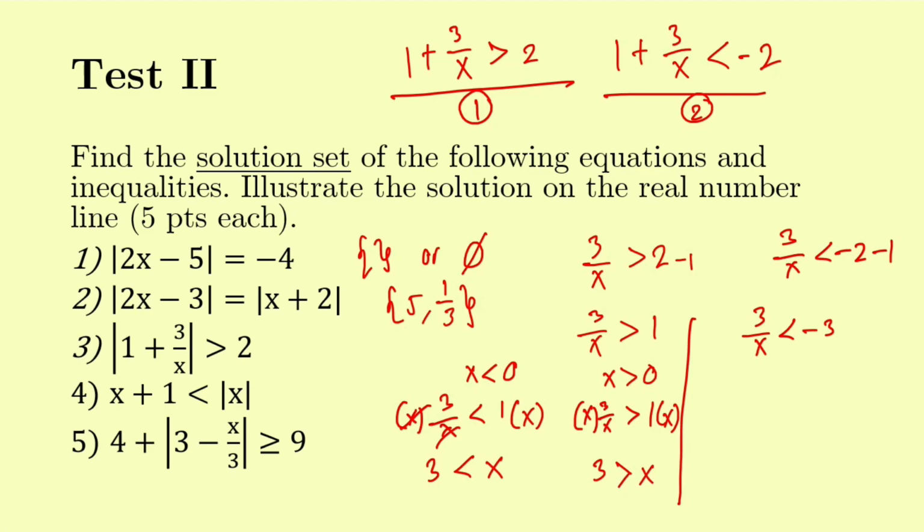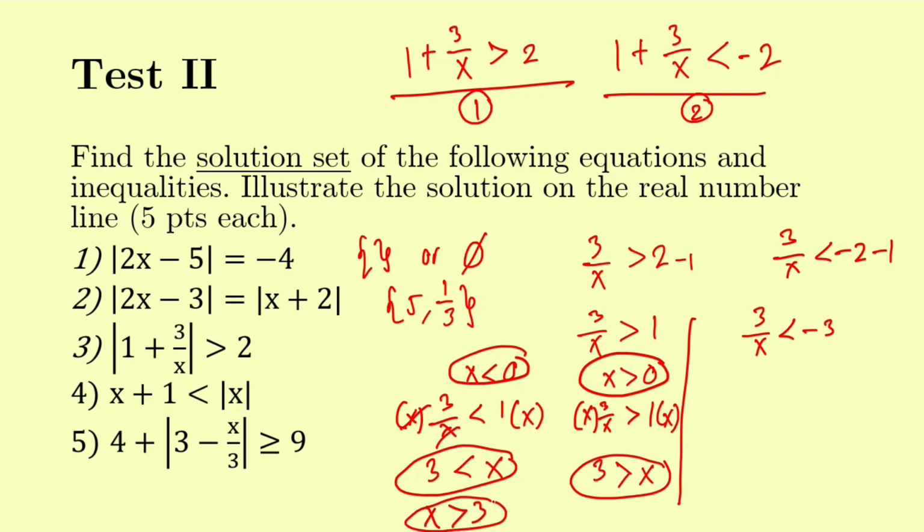Now, let's compare the assumption with the value we obtained. So, x is less than 0. Tapos, this one, 3 is less than x, implying x is greater than 3. Is this possible? Pwede ba maging negative number si x tapos greater than 3 siya? Obviously, hindi. So, ang ating sagot dito is null set.